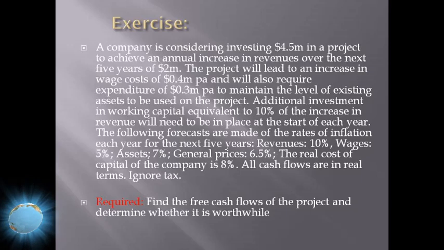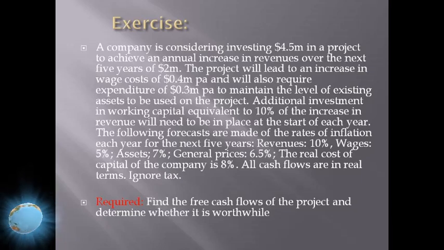The following forecasts are made of the rate of inflation each year for the next 5 years. This is what they are forecasting for inflation. Revenue will increase by 10%, wages 5%, assets 7%, general price 6.5%.